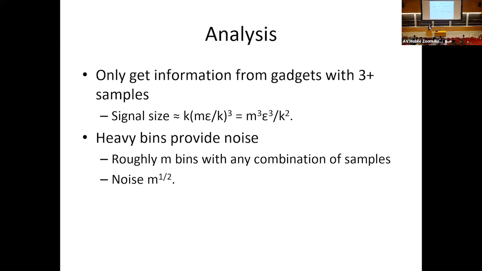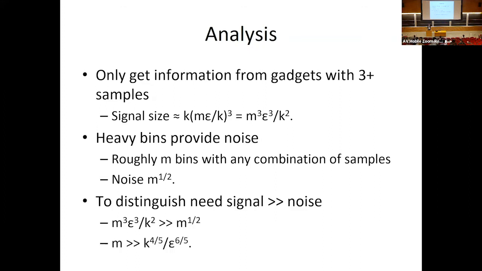And the plus or minus square root m is basically adding noise here. And so in order to be able to distinguish the yes case from the no case, you need the signal size to be bigger than the noise size, and then you do some algebra, and you get m is bigger than k to the 4/5 over epsilon to the 6/5. And am I almost out of time?